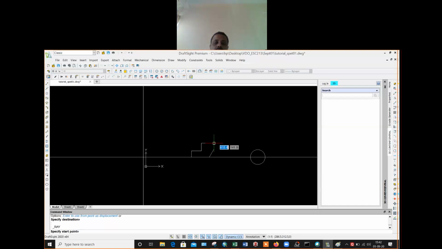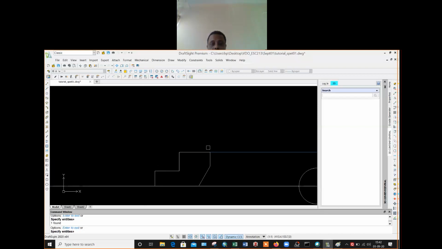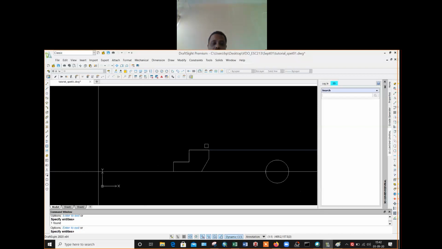So okay, this is my starting point of a ray, and then I want to go in infinite direction in this direction. So this is my ray, and then I have a starting point, this one. But in case of an infinite line, I don't have a starting and ending point. I am somewhere in between the line.